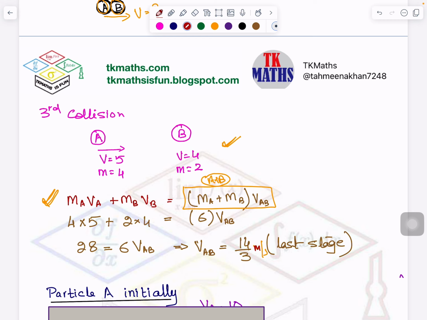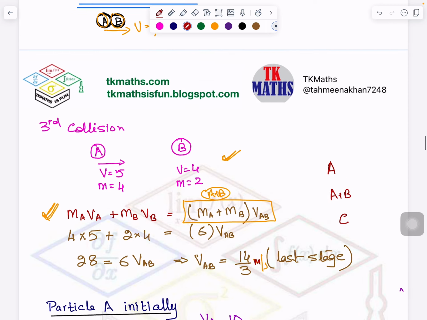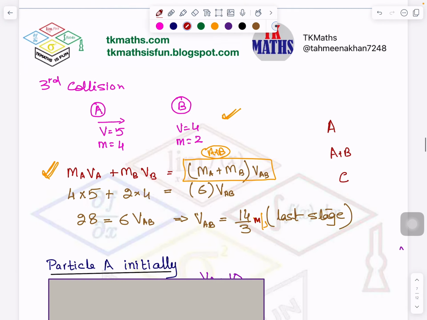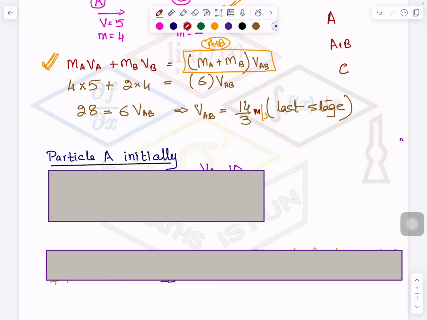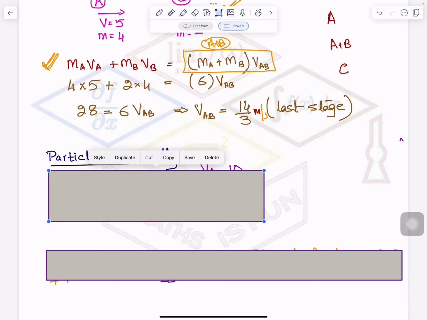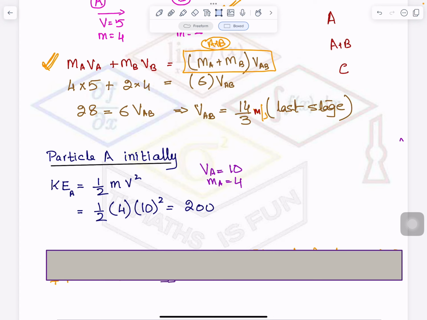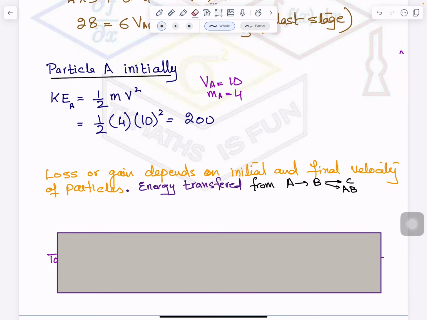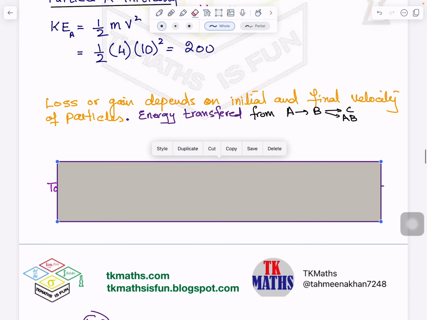Now I have the velocity of all the particles at different stages: A initially, A and B combined, and then C. Because the question is saying find the total loss of kinetic energy in the system due to 3 collisions, I will do it stepwise. First, the kinetic energy of particle A, which is 200 joules. I just tried to explain this again, so you don't need to focus on it.